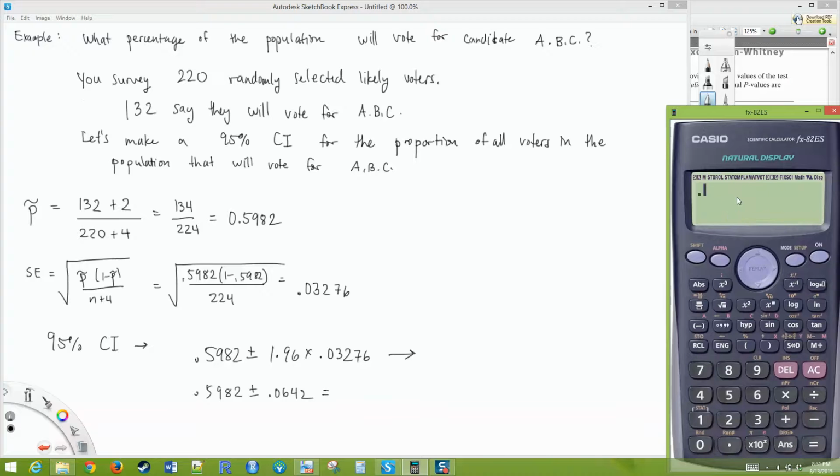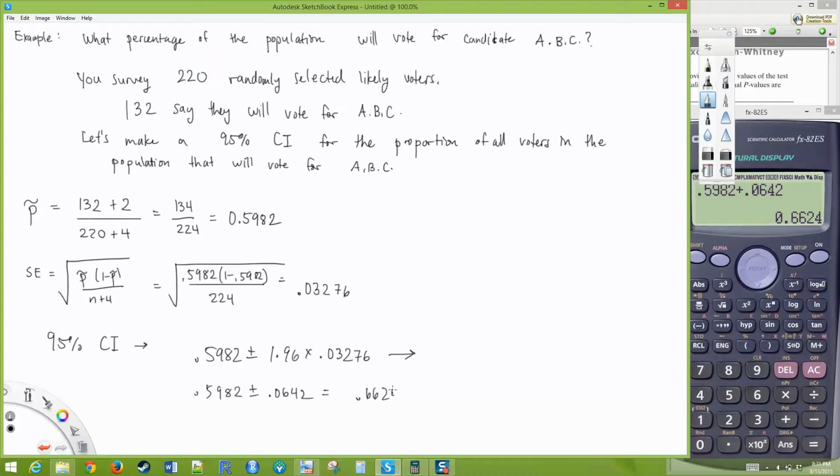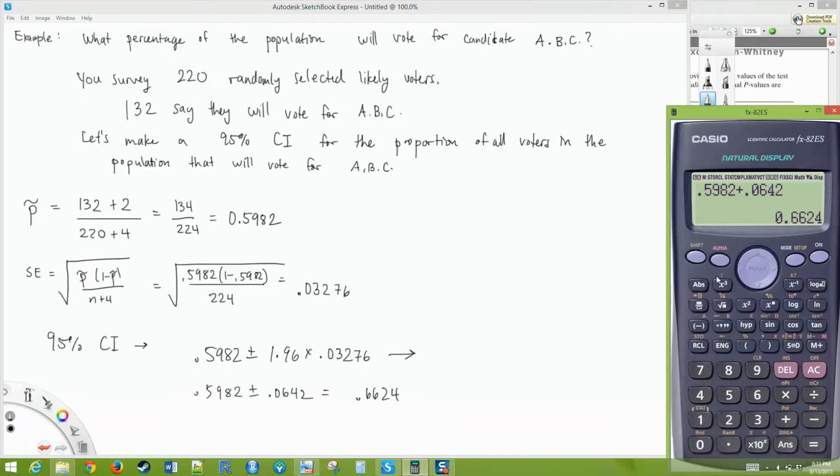All right, so I got 0.5982 plus 0.0642, 0.6624, and let's change that to a minus, 0.534.